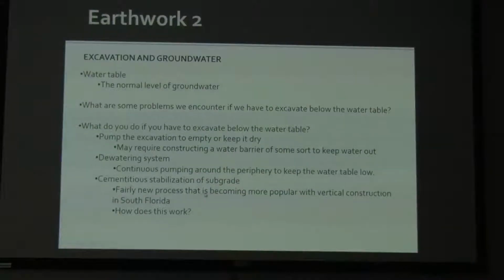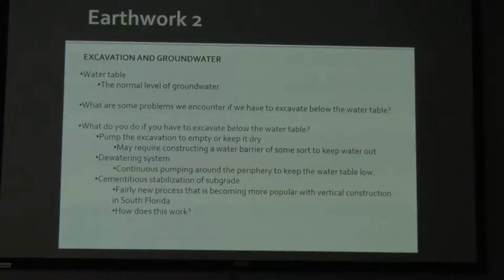Excavation in groundwater. The water table is the normal level of groundwater. It's not constant, but it's pretty regular, in particular in South Florida, it's fairly stable. What are some problems we encounter if we have to excavate below the water table? Well, of course, as we excavate, we're going to be filling our excavation with water as the water level rises to the level of the water table.